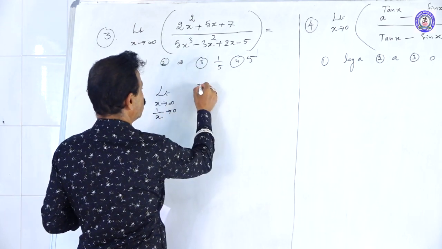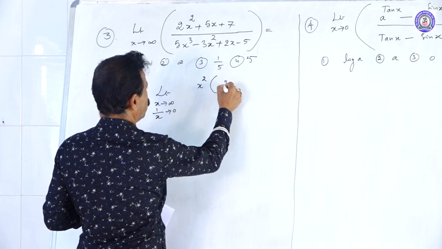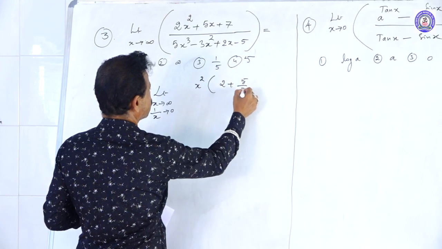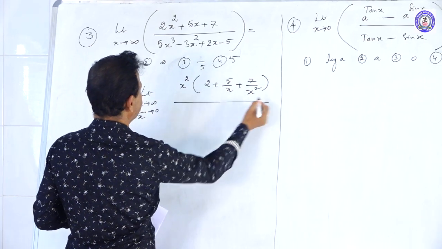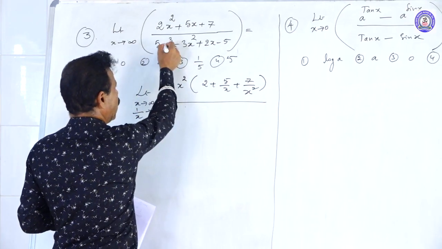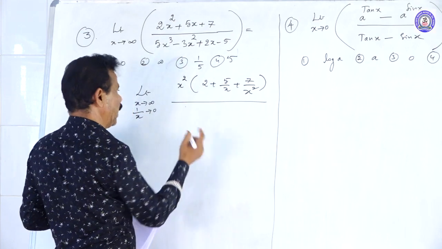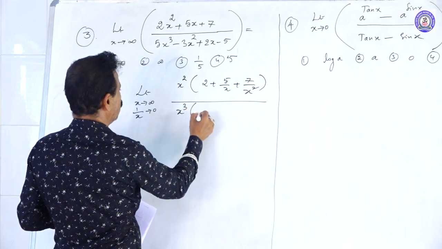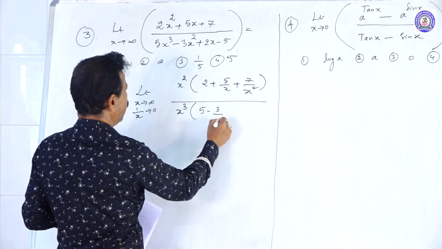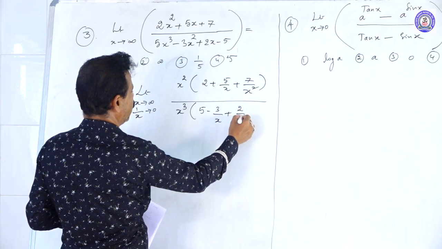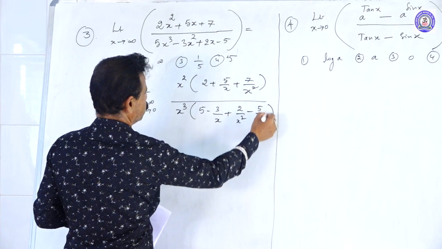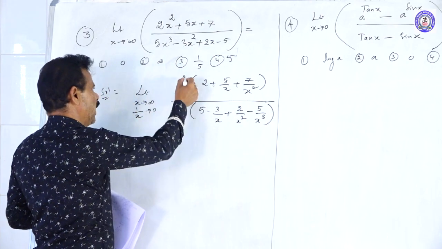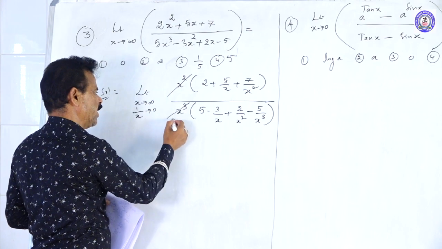In the numerator, x square, 2 plus 5 by x plus 7 by x square. In the denominator, x cube outside: 5 minus 3 by x plus 2 by x square minus 5 by x cube. So x square by x cube is cancelled, leaving 1 by x.